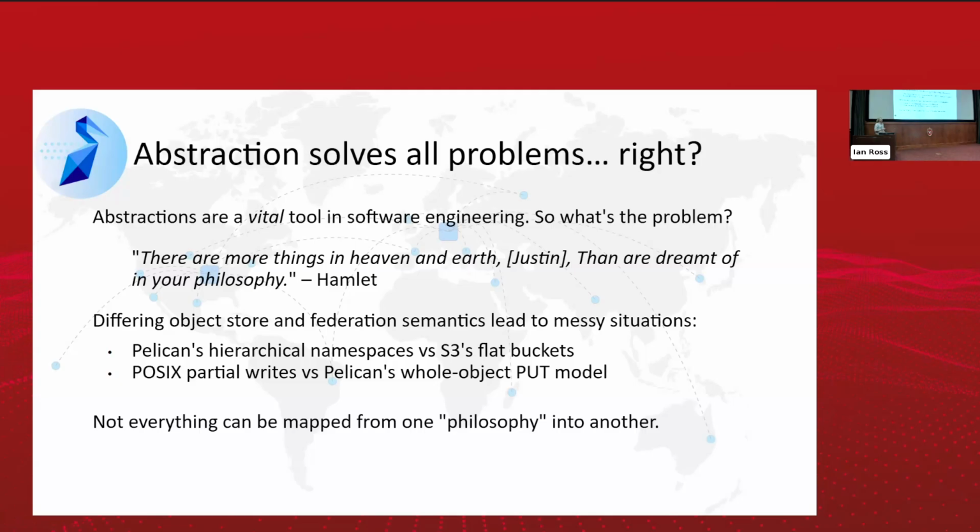This other example with something like POSIX, which allows partial file writes, that doesn't really carry over to Pelican, which uses a more atomic whole object put model. So there are places where even having a good philosophy, we can't necessarily translate everything from the object repository's protocol and the things it supports into Pelican. And that can lead to points of friction when developing new origins.